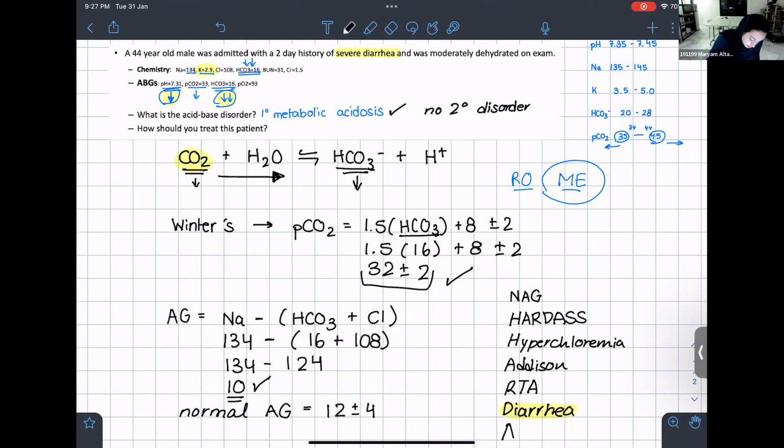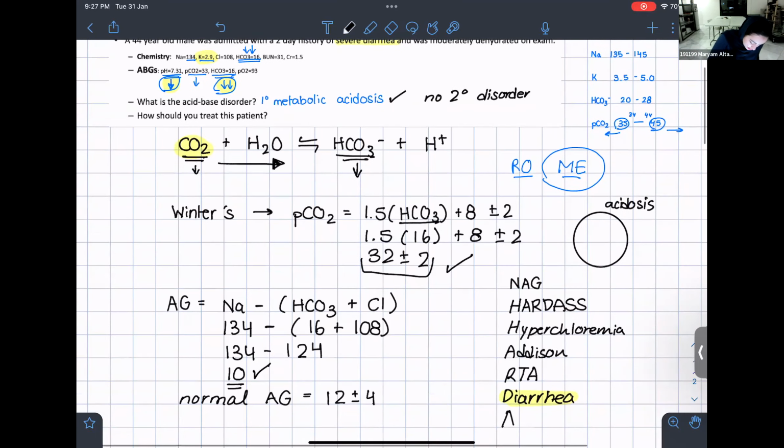So what I want you to remember is he has acidosis. So basically what that does is that puts H plus into the cell. Okay, you're going to put K plus outside of the cell as a compensation.